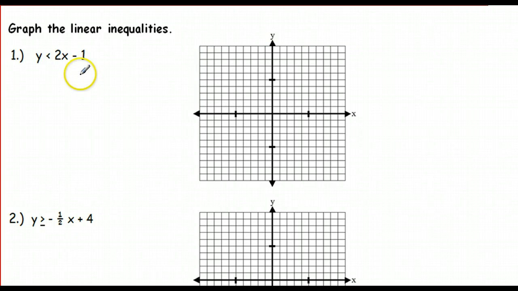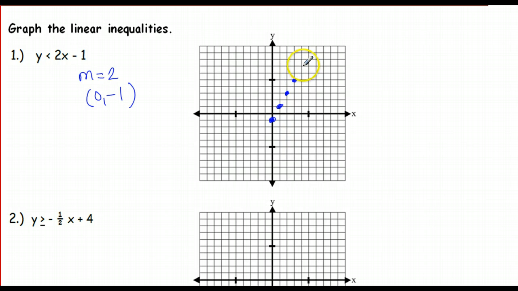Here, our slope is 2, and our y-intercept is (0, negative 1). So I'm going to go ahead, whoa, I almost forgot my parenthesis. I'm going to go ahead and plot that, (0, negative 1). And then I'm going to use my slope up 2, right 1 to put some more points on my graph.